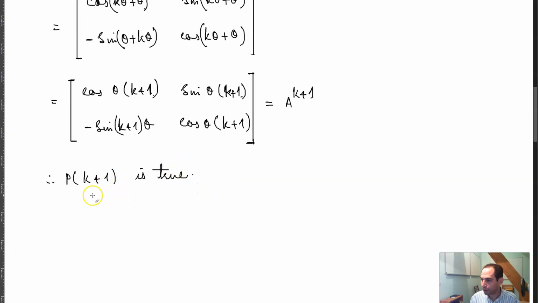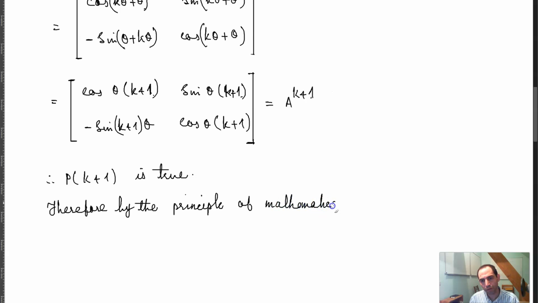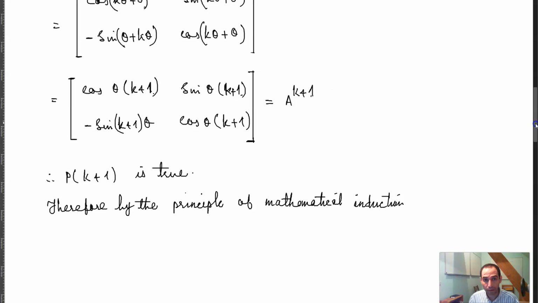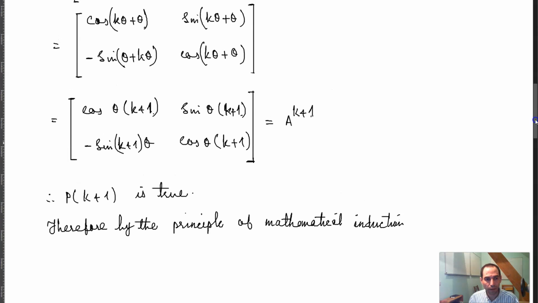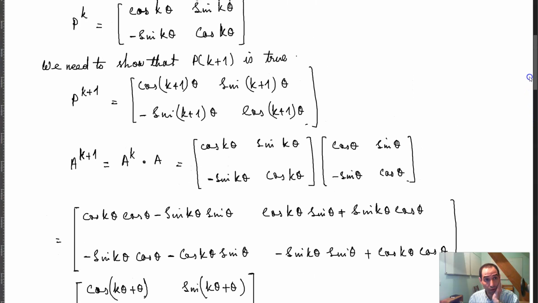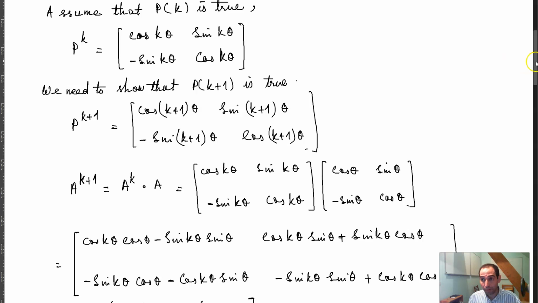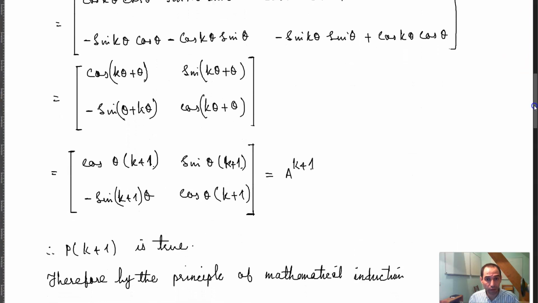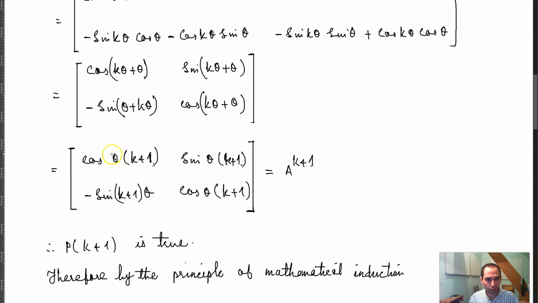And therefore, by the principle of mathematical induction, P(1) was this expression, and P(k+1) was A raised to the power k plus 1, with k plus 1 times theta.